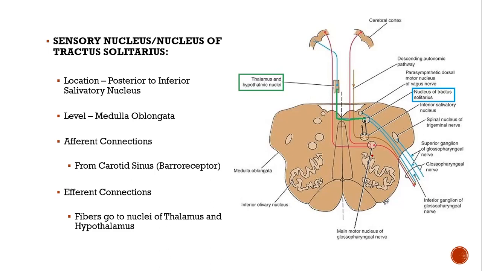And as far as the efferent connections are concerned, they go to the thalamus and hypothalamus. The sensory nucleus obviously would be taking information to the thalamus because it is a sensory tract, and the afferent fibers come from the carotid sinus, which has baroreceptors present in the carotid body.